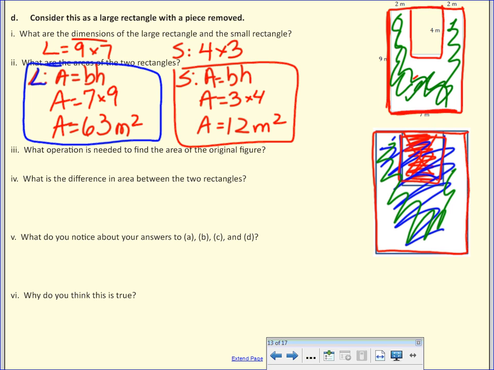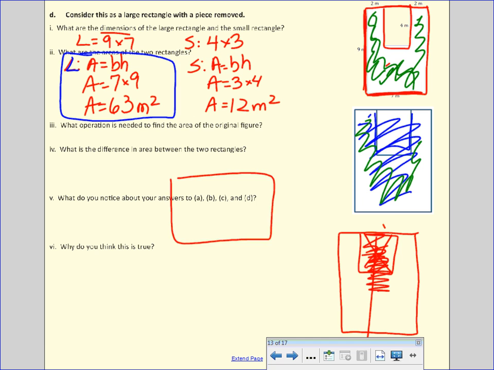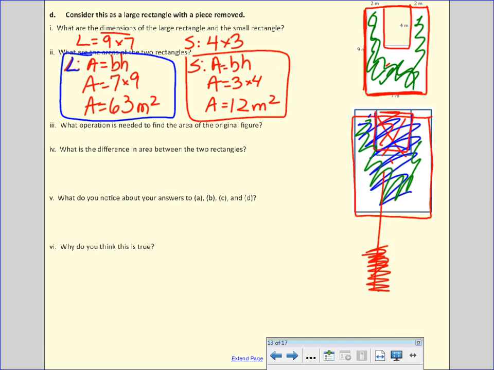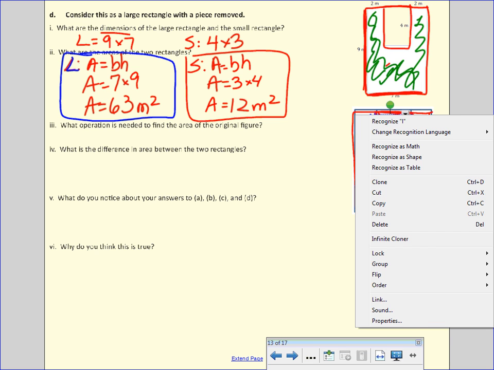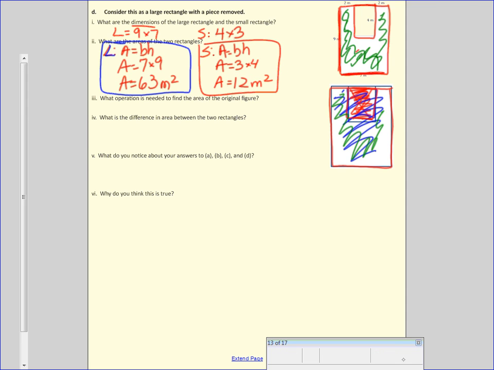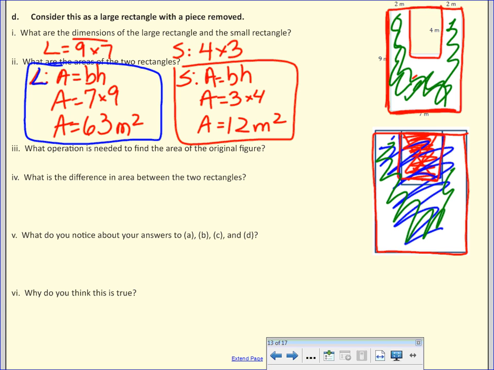No, I don't want the area of this. I have to take it out. So if I take it out, what am I doing? Yes, I have to subtract.